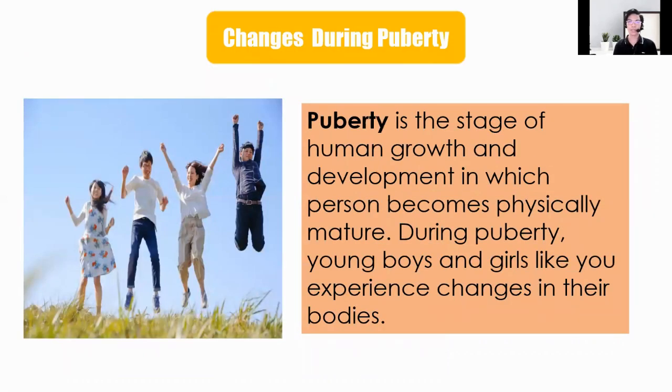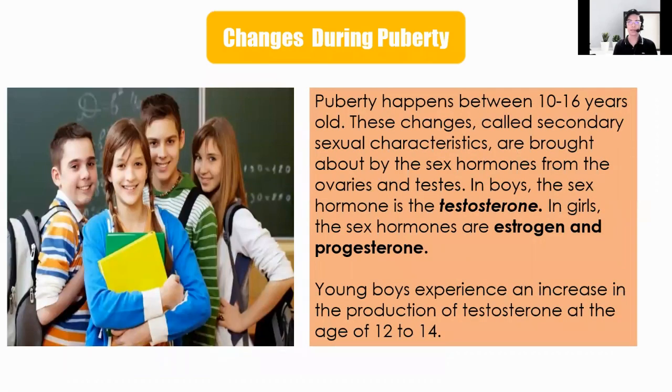Changes during puberty. Puberty is the stage of human growth and development in which a person becomes physically mature. During puberty, young boys and girls like you experience changes in their bodies. Puberty happens between 10 to 16 years old.